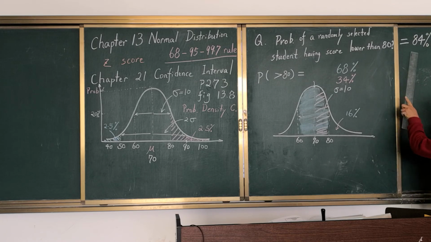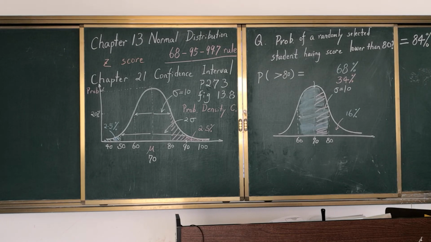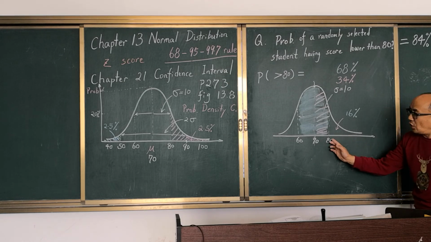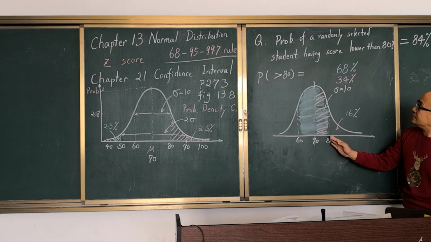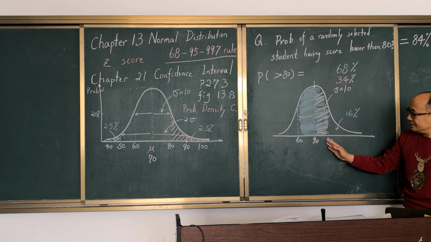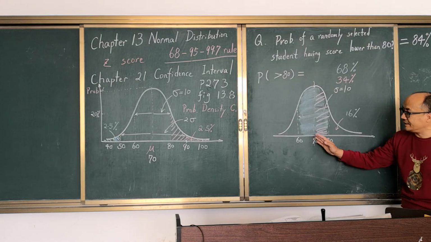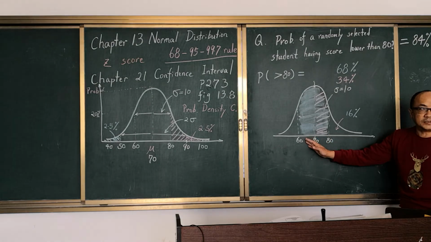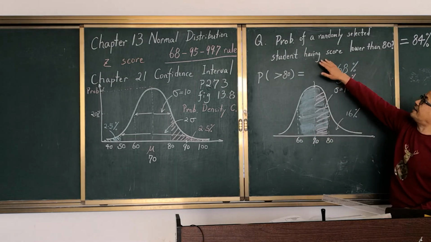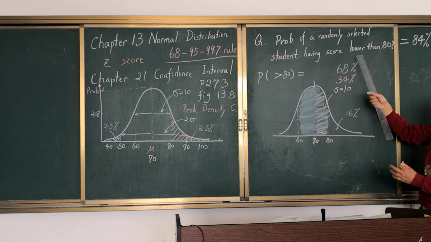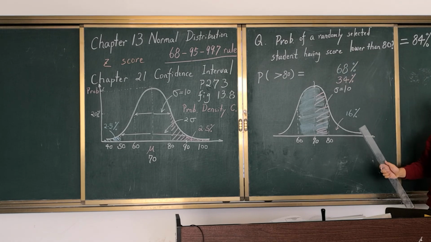This is the answer, is 84%. Is lower than 80. This student could be 80, 79, 70, 67, anything lower than 80.